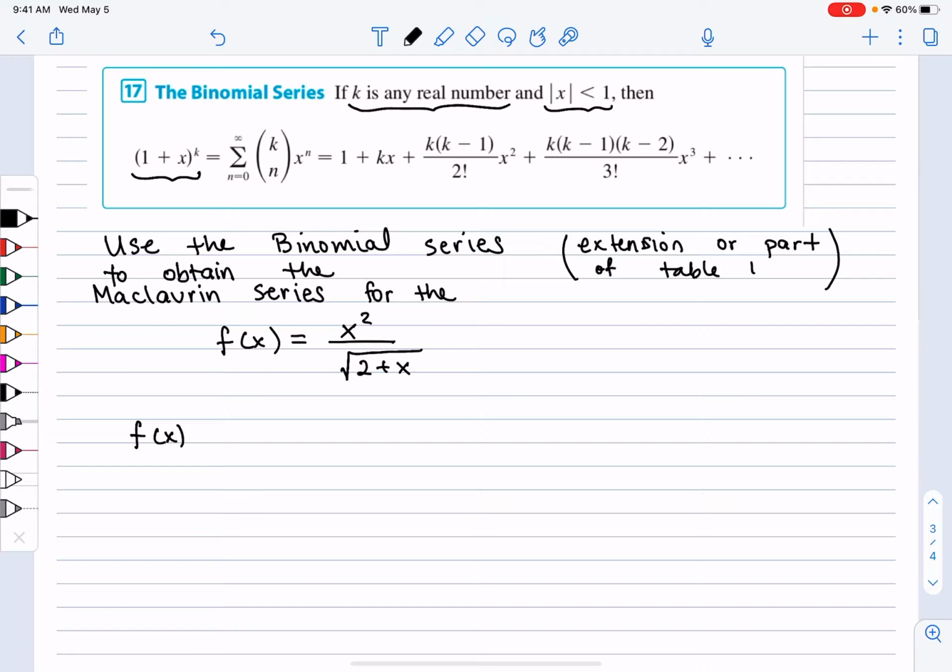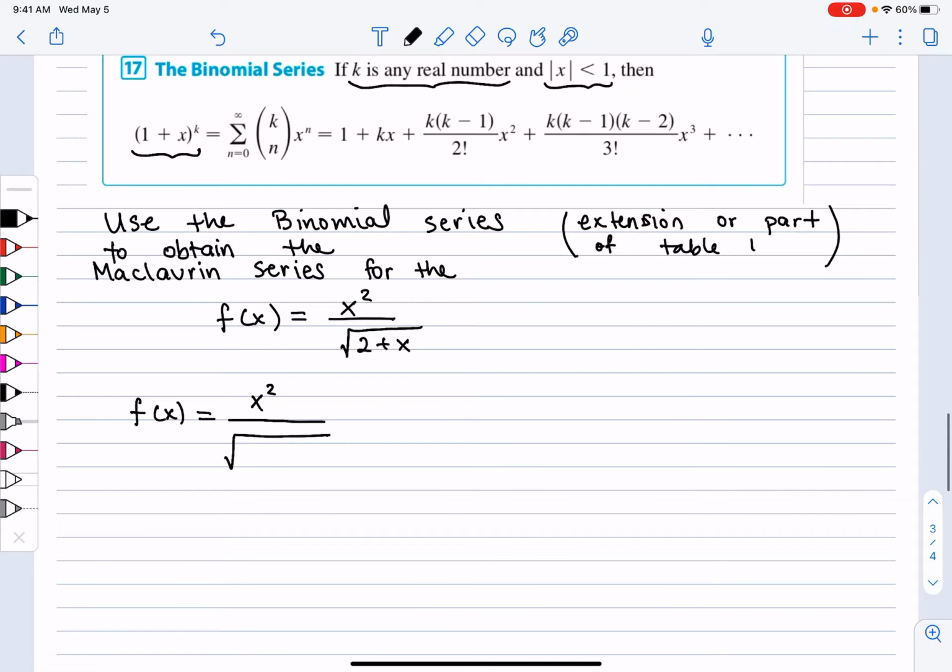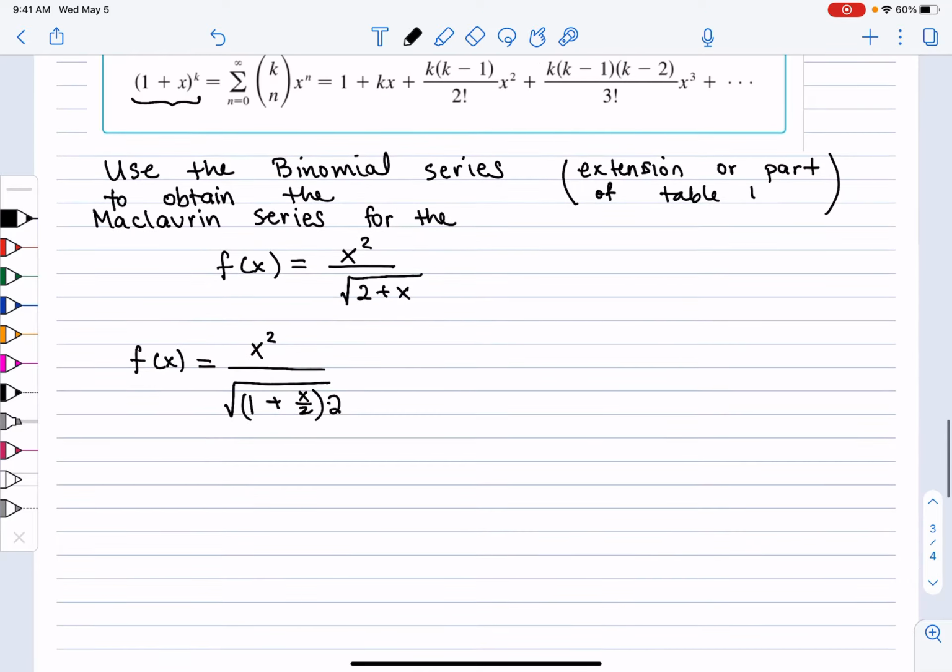F of x is going to be equal to x squared over the square root of 1 plus x over 2 times 2. So what we did there is factored out a 2 from that radical. But that 2 is still inside the radical, so we factored it out from the radicand.